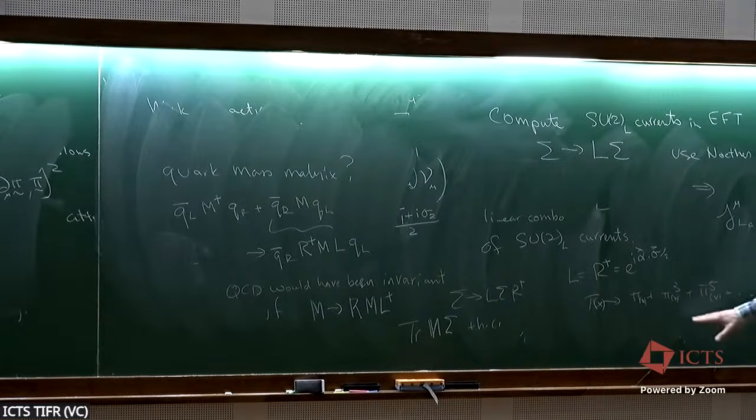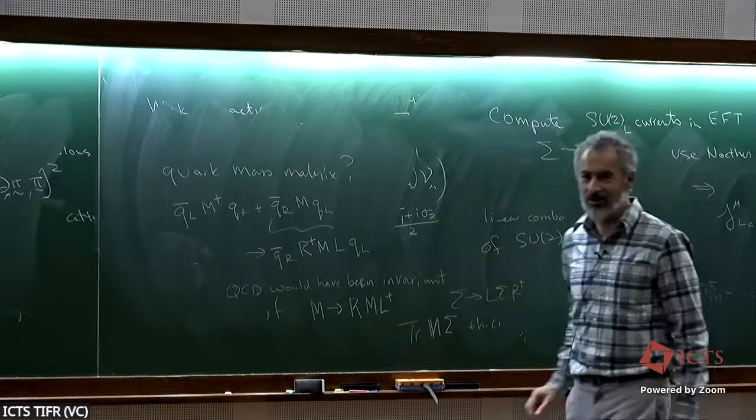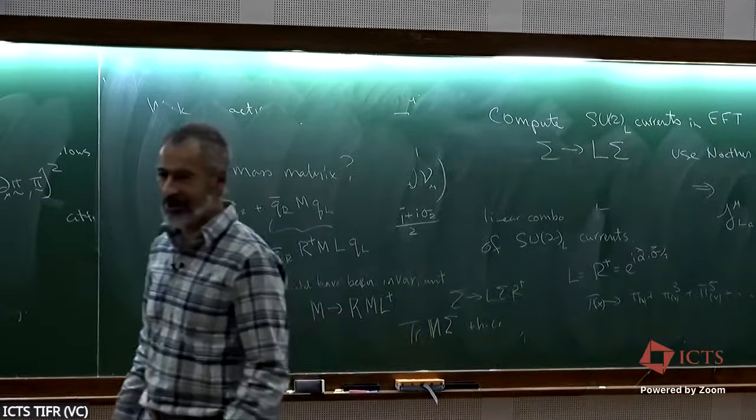So if you try to calculate loop diagrams in this theory with a momentum cutoff, where pions with momentum less than lambda exist and pions with momentum greater than lambda don't, you would break the symmetry. You'd be choosing a regulator that breaks the symmetry, and then all hell breaks loose. So this nonlinear realization tells you that you're probably going to need dim reg or something like that, unless you want a lot of trouble.